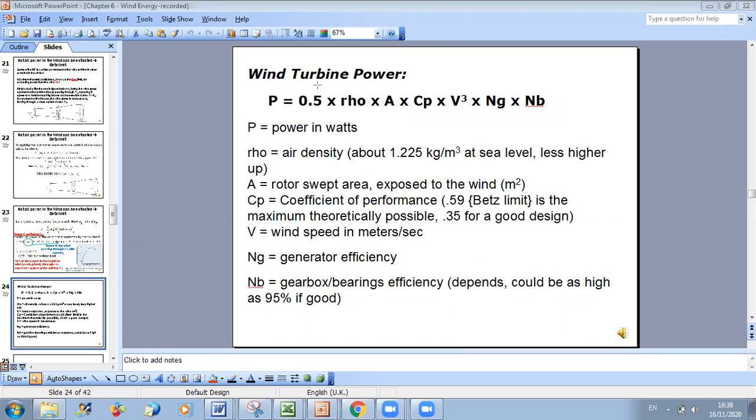This represents the power carried, not the maximum, the power carried by the moving airflow.